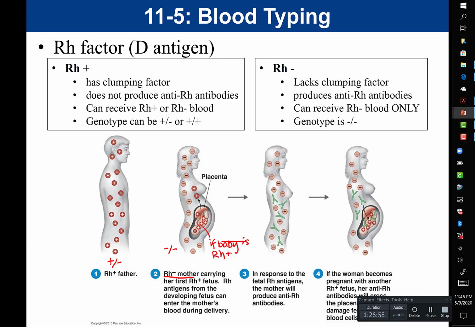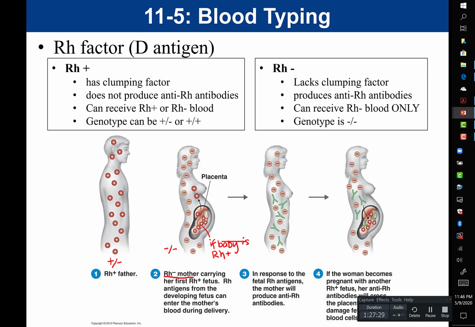That's because when the baby is in utero, in the womb, the baby's blood is being filtered by the mom. So in the first pregnancy, mom's body has never seen the Rh factor, and because she's never seen it, she doesn't make anti-Rh antibodies.